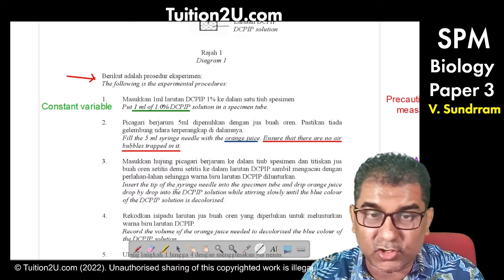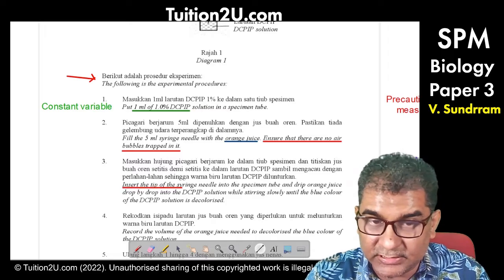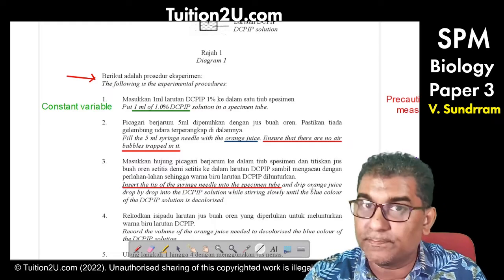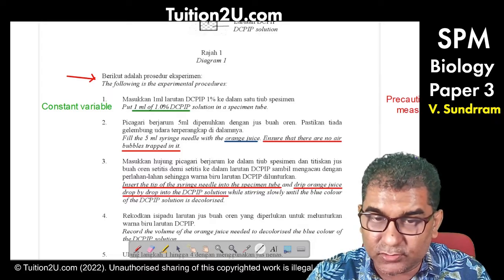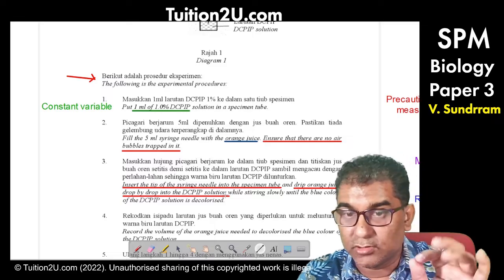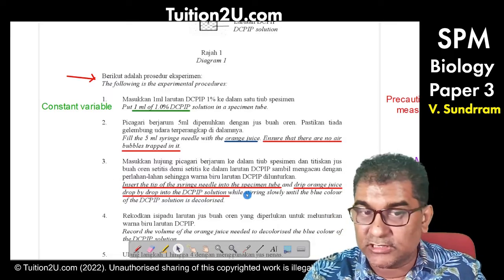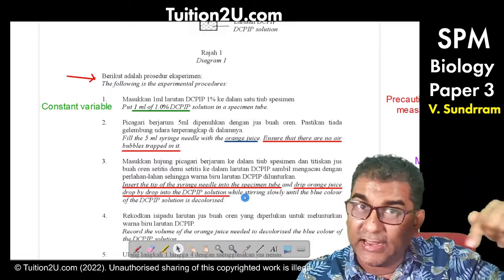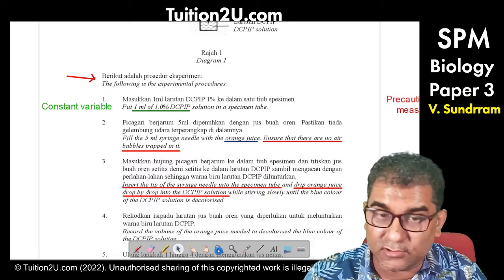If you go further down: insert the tip of the syringe needle into the specimen tube and drip orange juice drop by drop into the DCPIP solution. This is also a precautionary measure. You must make sure the end of the syringe, the needle, is inside the DCPIP solution.